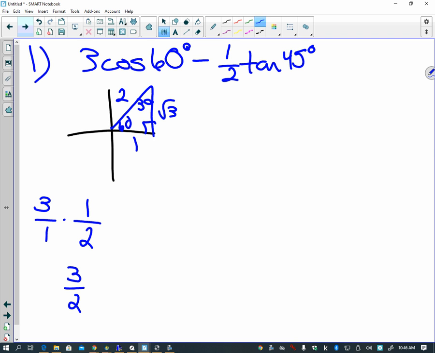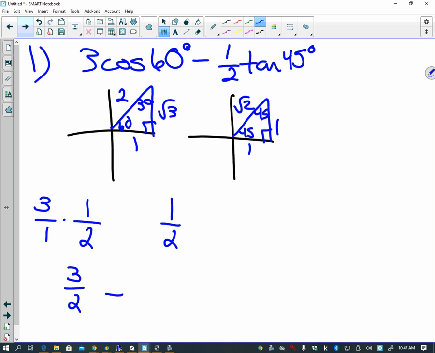I'm going to bring that minus all the way down here. We've got 1/2. We're going to make our coordinate plane, tangent 45. From the initial side to the terminal side, it's 45 degrees, giving me a 45, 45, 90 reference triangle. What's opposite of 45s? 1 and 1, and hypotenuse is radical 2.